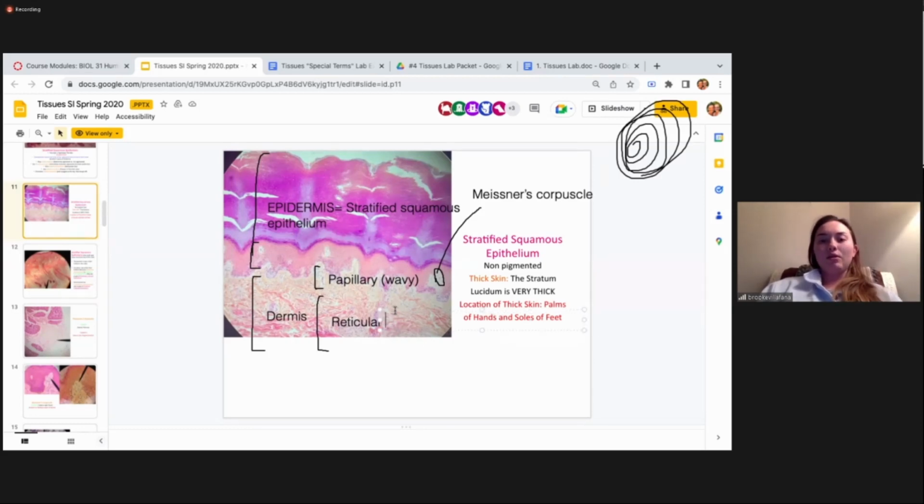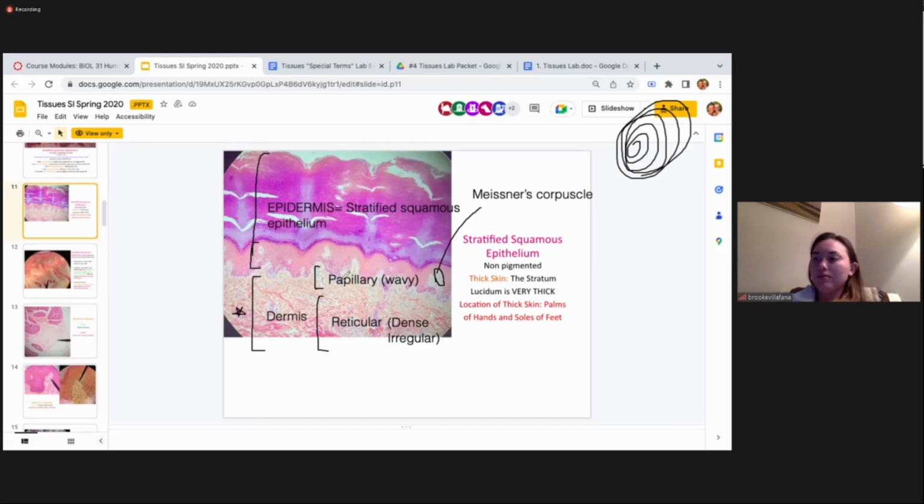And the reticular is made of one of the tissues we'll see next, which is dense irregular. So all of this tissue you see down here is dense irregular tissue. And then the papillary portion has our Meissner's corpuscle.